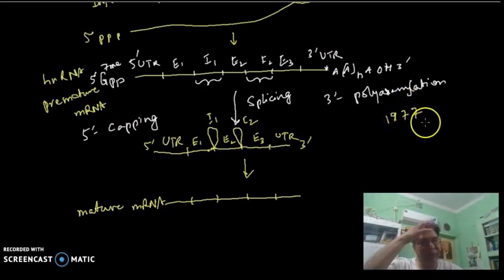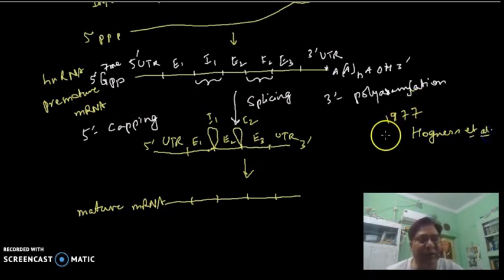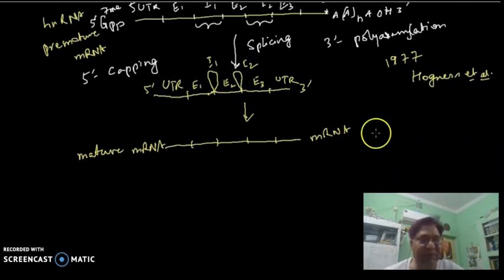by Hogness et al. They proved that when they hybridize this mRNA with the respective DNA, with its respective gene, that is denatured double-stranded DNA, then what they saw is that some part of the RNA is hybridized.